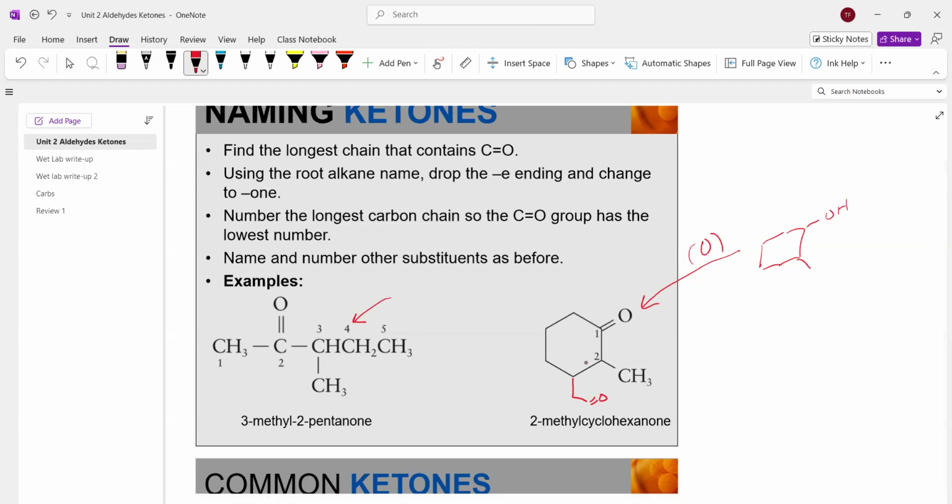Let's see, we got 5. Okay, and a ketone, the functional group name has an ONE there.